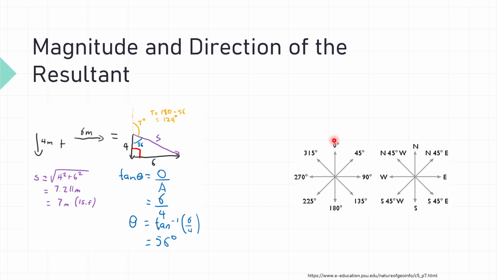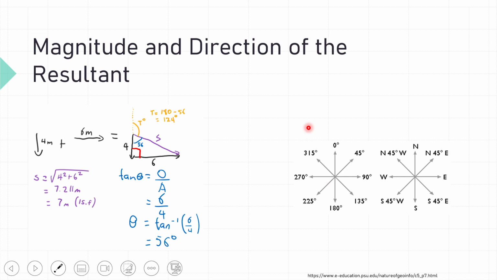And depending on where our vector is pointing depends on what degree we give it. Now, it could be anything from 0 to 360 as we move around, but what we need to do is look at where the vector is pointing. So let's say it was pointing in this direction. What we can see here is that the angle between north and where the vector actually goes is 135 degrees. So that would be the angle or the true bearing that we would report.